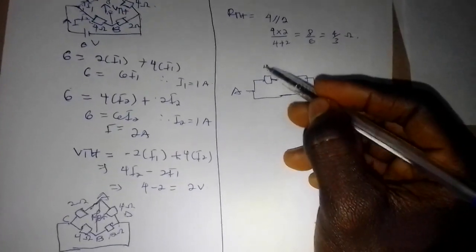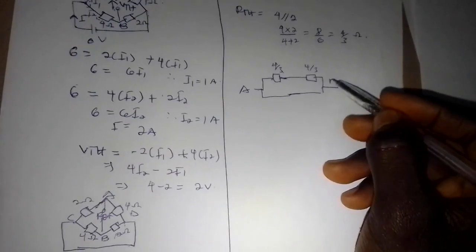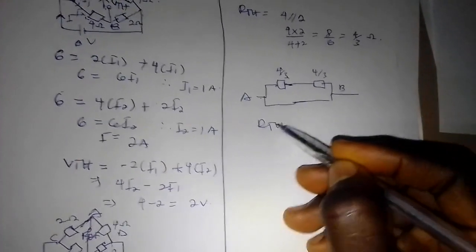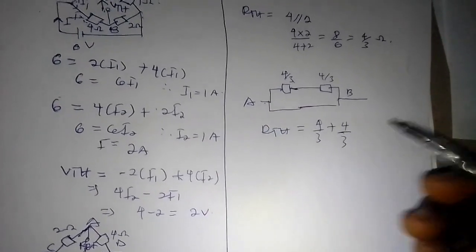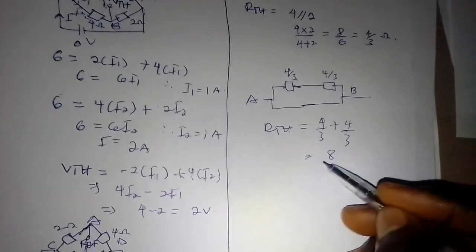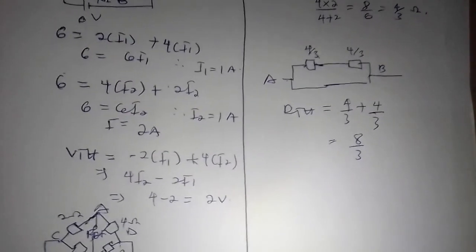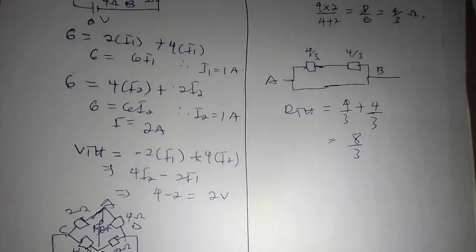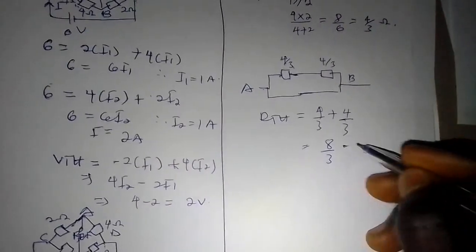Where here will be 4 over 3, 4 over 3. They are now in series, therefore my RTH is simply 4 over 3 plus 4 over 3, and that will give me 8 over 3. So what is 8 over 3? 8 over 3 is the same as 2.67 ohms.